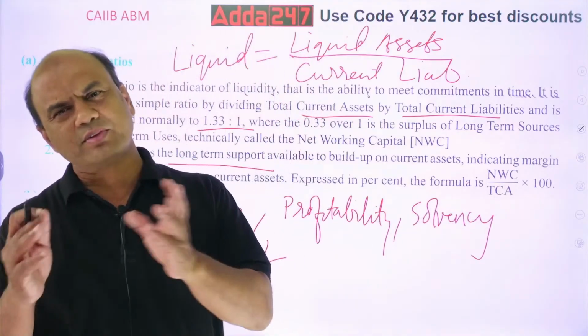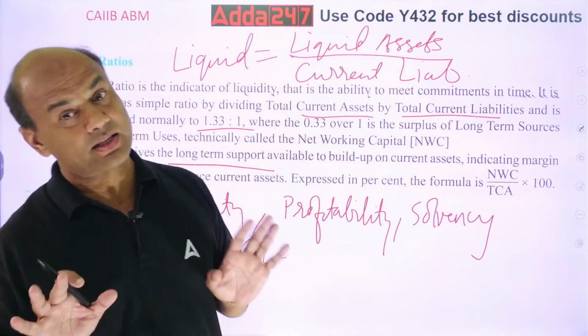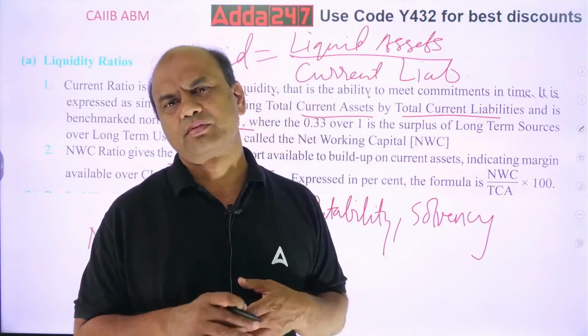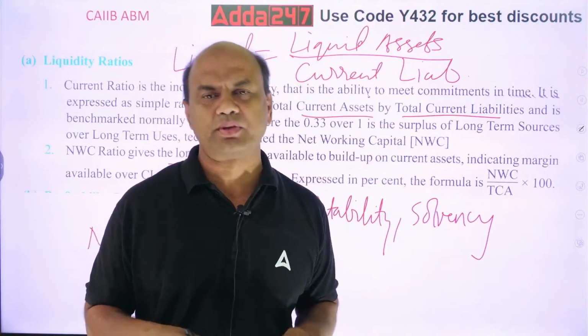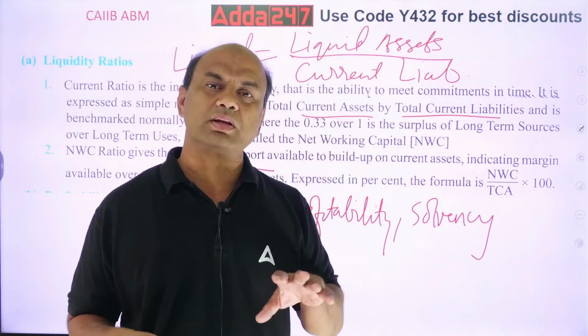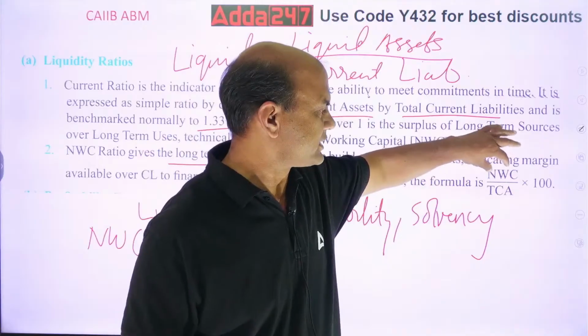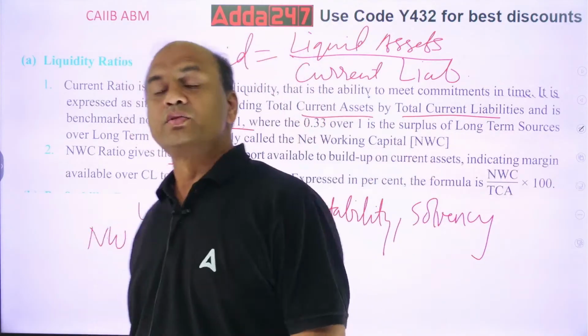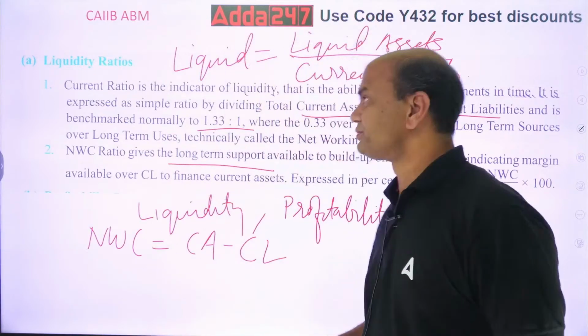This gives you the idea of the excess of current assets you have over the total current assets, that is, excess of current assets upon total current assets into 100. So this is about liquidity.